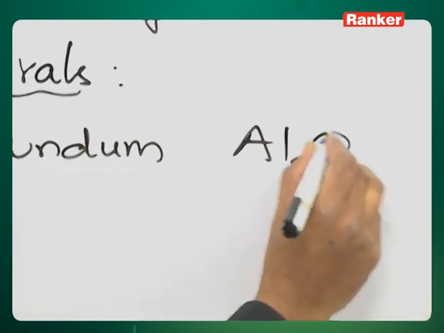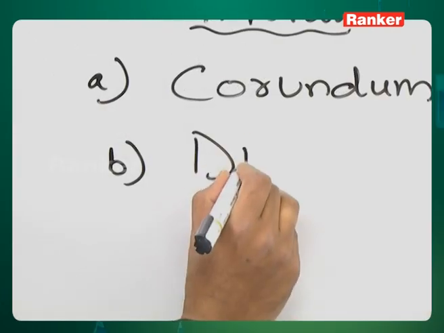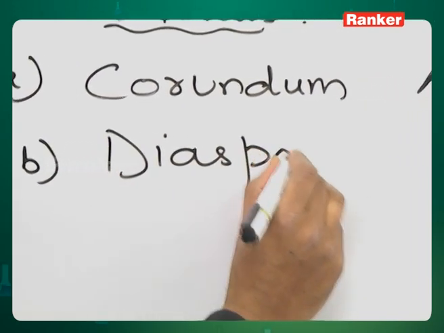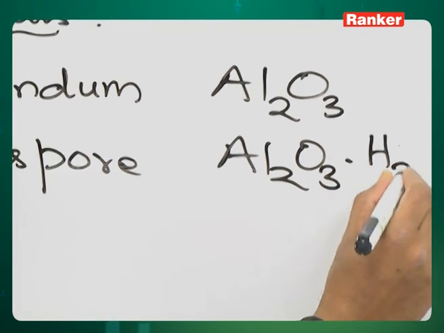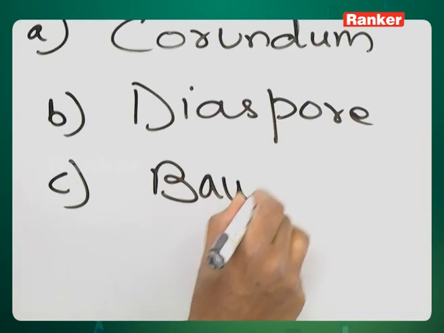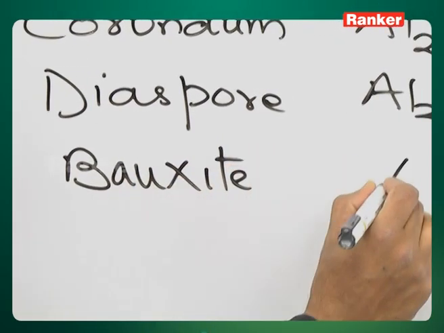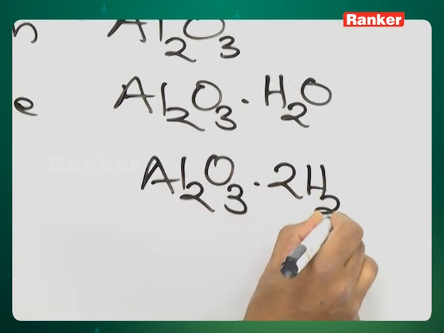Corundum is Al2O3. Diaspore. Diaspore is Al2O3 dot H2O. Next, bauxite. Bauxite is Al2O3 dot 2H2O.